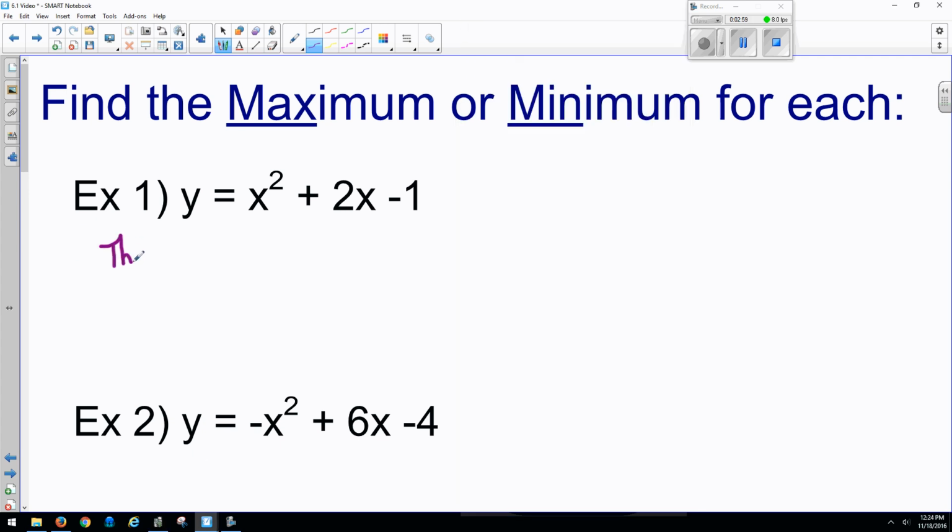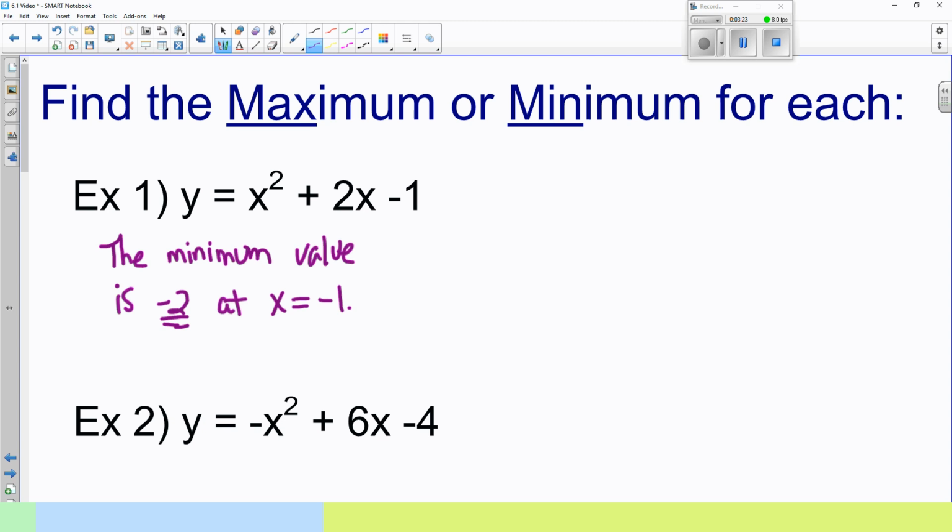The minimum value is -2 at x equals -1. That's the correct way to say that. So when we're talking about maximum or minimum values, we're talking about the y value. And so this is really what we're talking about right here, this -2.